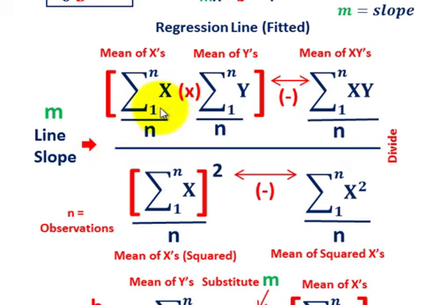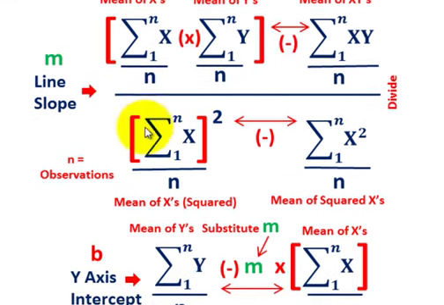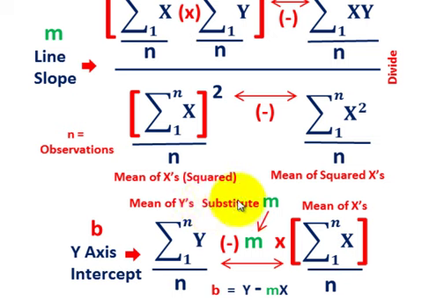Remember, we went through that partial derivative for the total squared errors of the line. But this is the general formula that we're looking at, both for our slope and for our b, or our y-intercept. I just use substitution: whatever slope we calculate, we just substitute it in here.